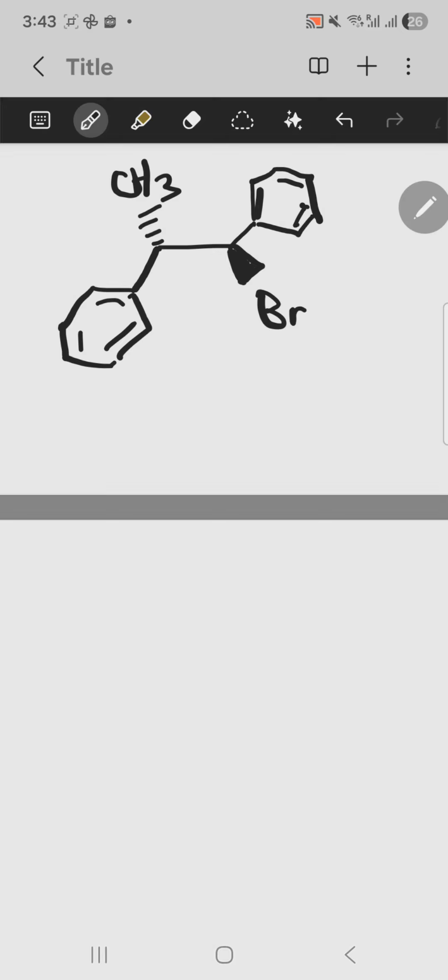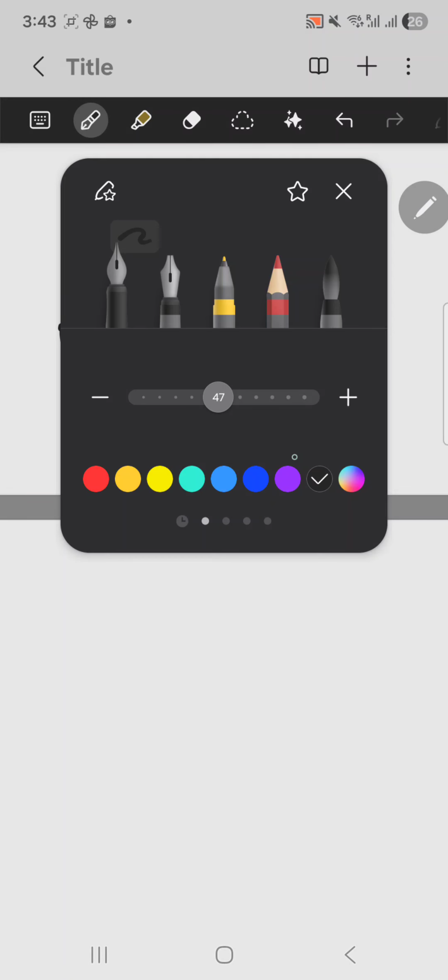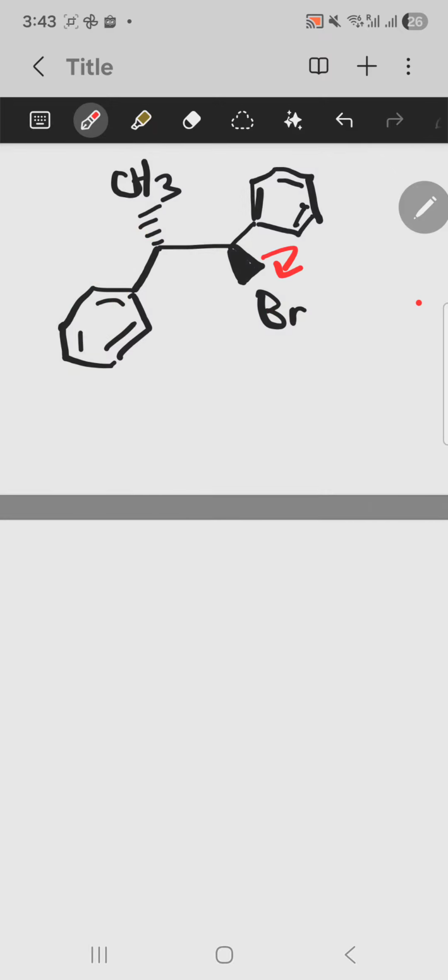For the elimination reaction to proceed, it requires the leaving group, which is the bromine group, to leave, right? This one, it should leave. Another requirement is to have the proton to be withdrawn by the base.